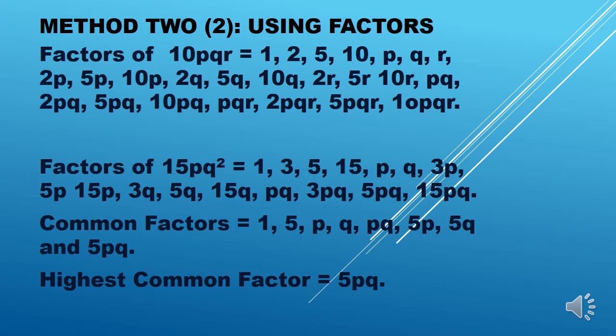The highest among them is 5pq. Therefore, the highest common factor of 10pqr and 15pq squared is 5pq. Looking at these two methods, if you follow them carefully, you notice that you arrive at the same answer, the same highest common factor.